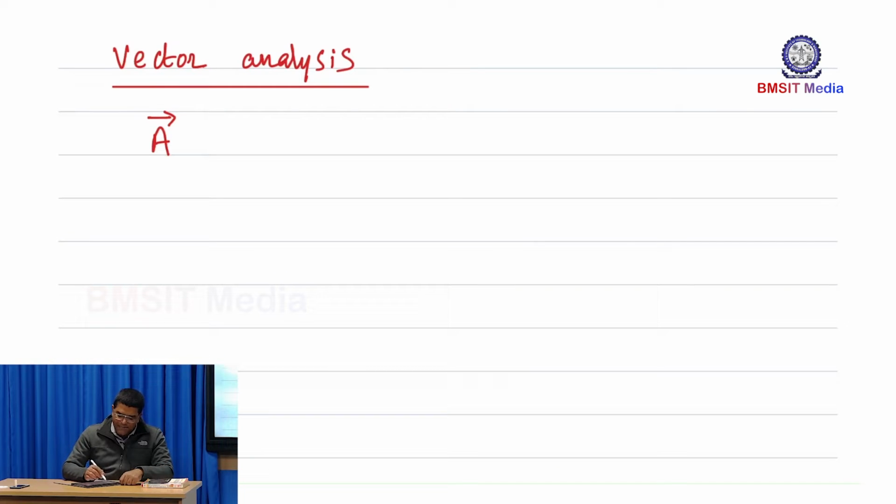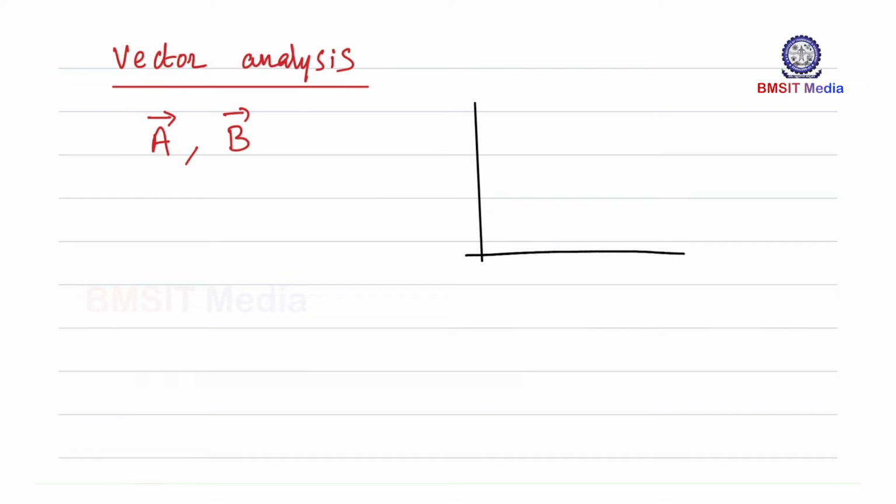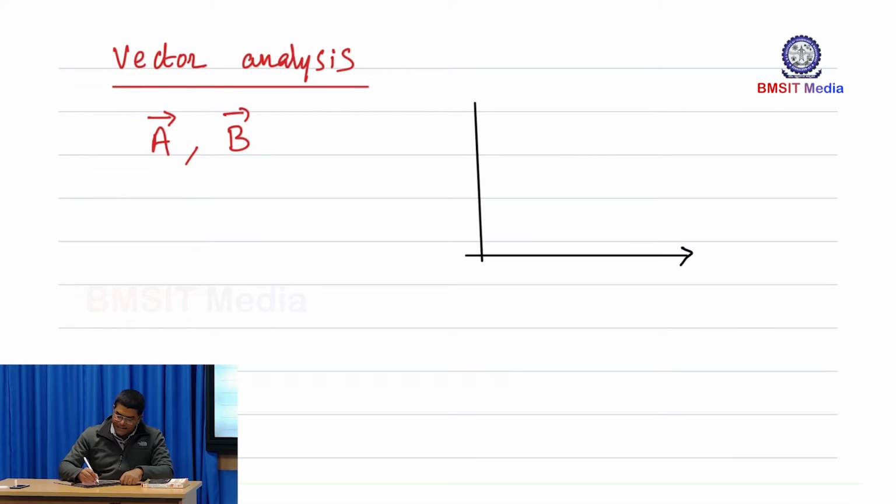So if you consider there is a vector A and another vector B, so there are two vectors. Let us also draw these vectors separately in a two-dimensional image. Let us see, there are x-axis and y-axis.